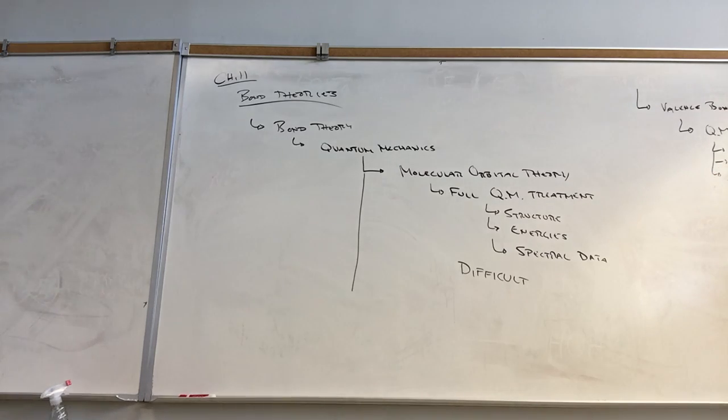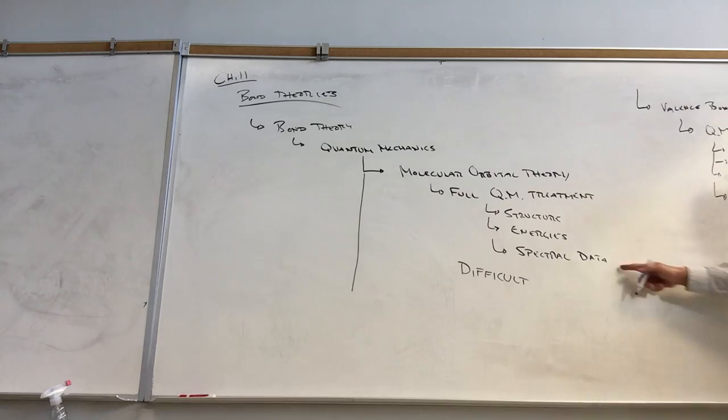I shouldn't cancel this completely out because we do get some information about the energies. And sometimes it's just wrong. For example, it fails for molecules that are simple, like O2. O2 is probably the biggest, most well-known failure of valence bond theory, etc. But the big advantage is it's easy. This is difficult, this is easy.